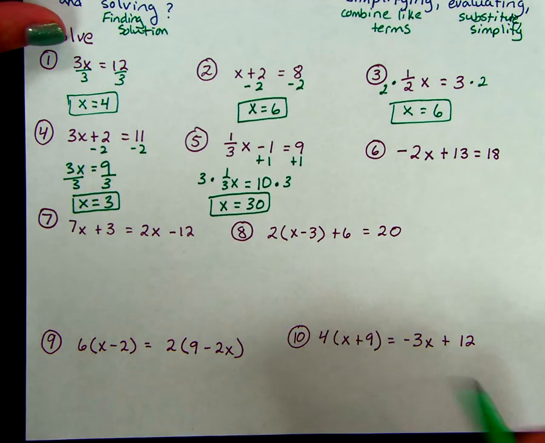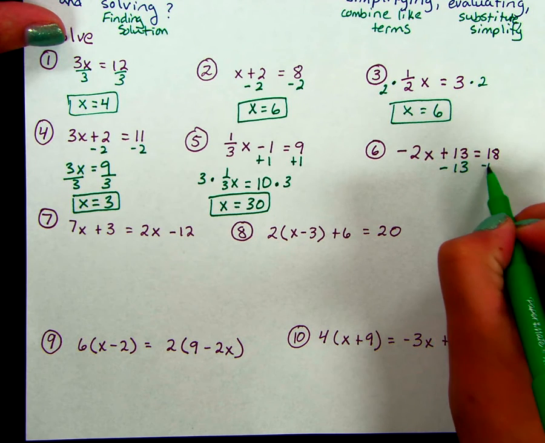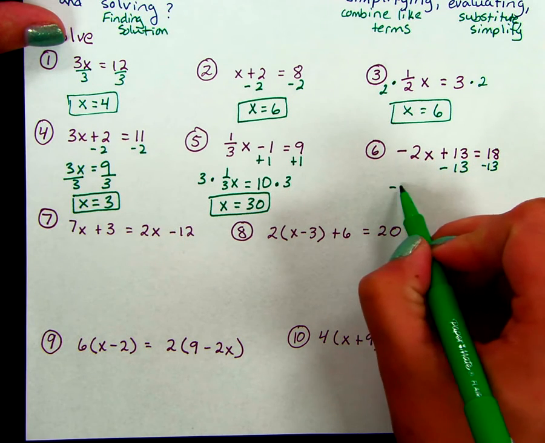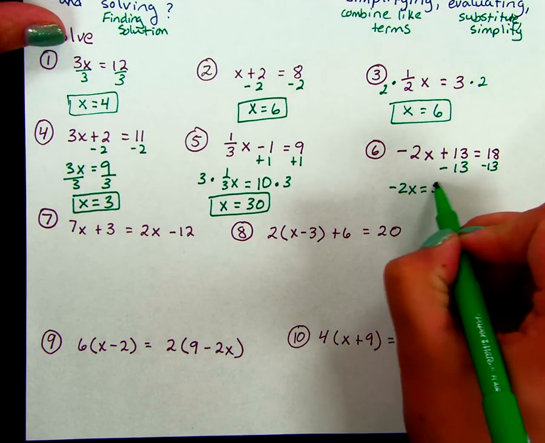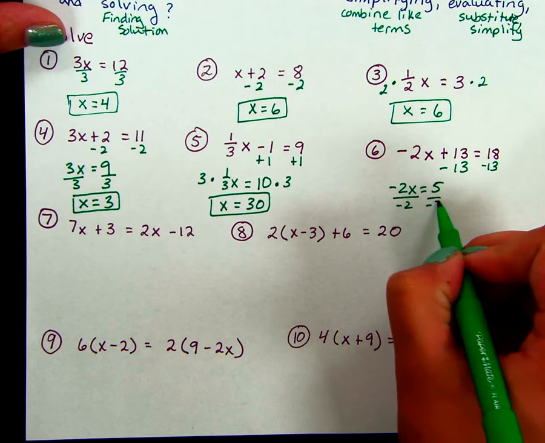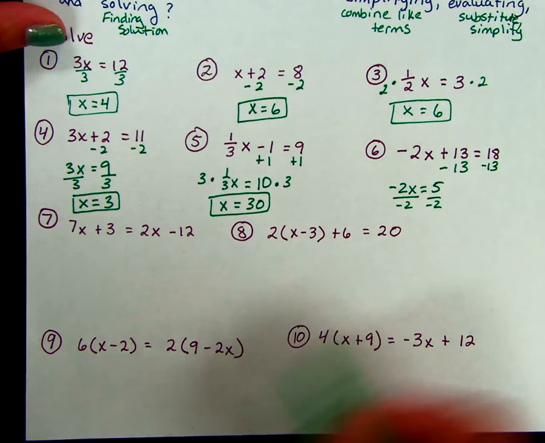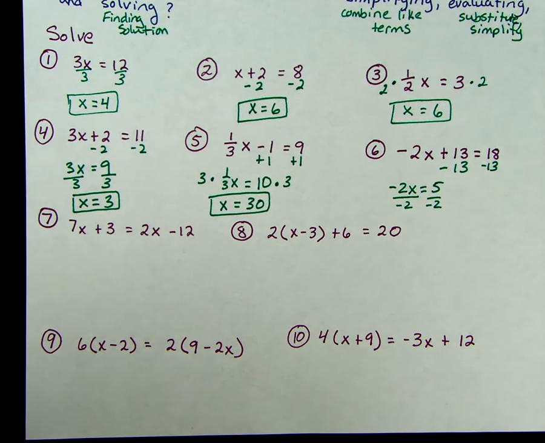So again, starting with our addition here, we have to undo that first. So minus 13 from each side. So negative 2x equals 18 minus 13 is 5. And then we have to divide by negative 2 on each side. Now notice for this one that 5 does not divide by 2 evenly. So we're not going to use decimals.